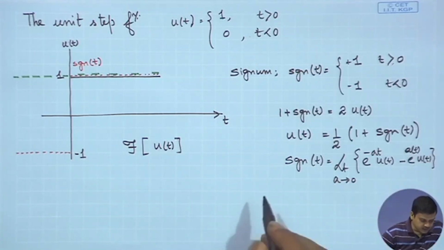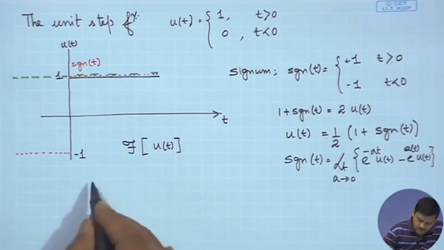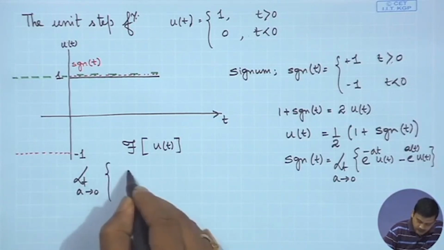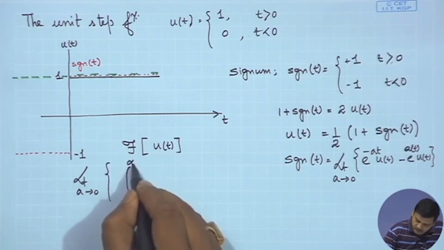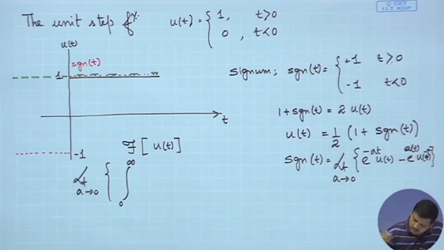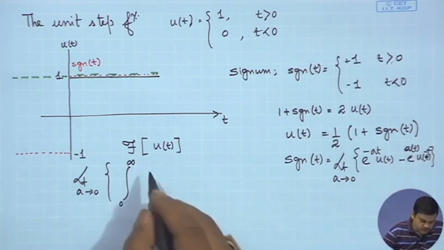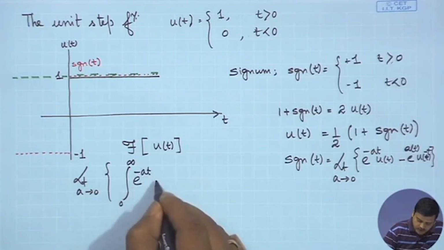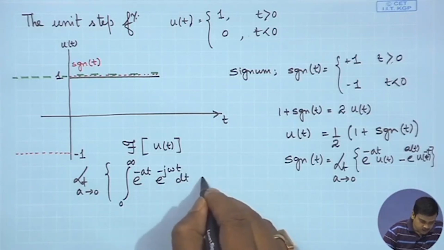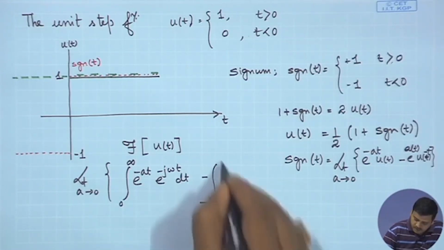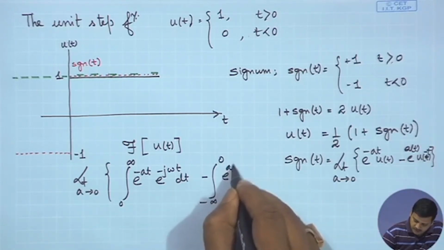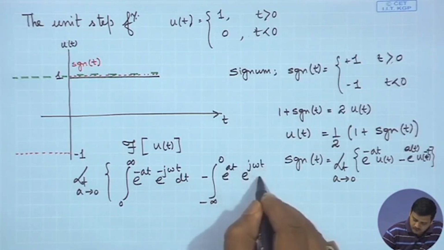If we take this and carry out the Fourier transform, we will get limit a tends to 0 and integral 0 to infinity, because it is u of t, e to the power of minus a t e to the power of minus j omega t dt, minus integral from minus infinity to 0, the reason being we have u of minus t over here, e to the power of a t e to the power of minus j omega t dt.